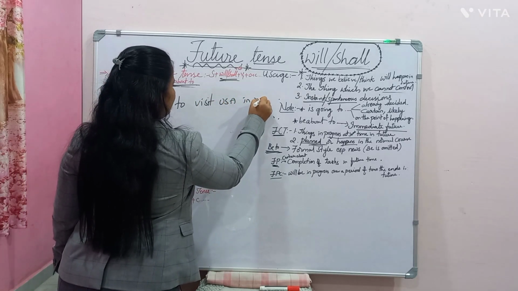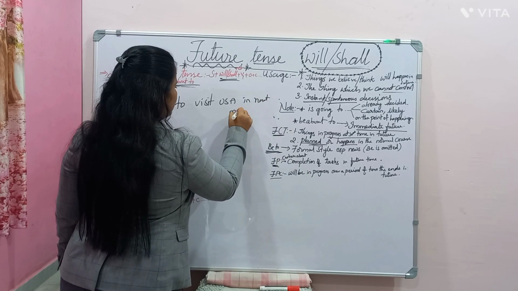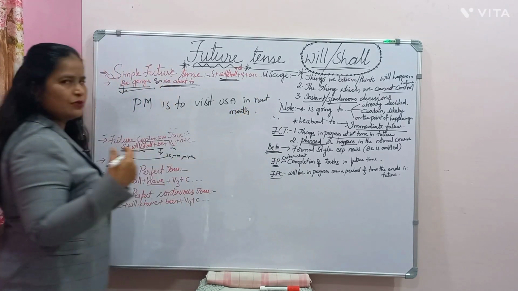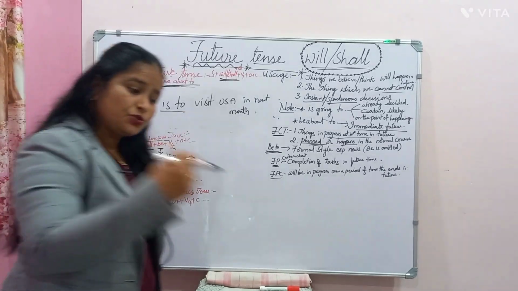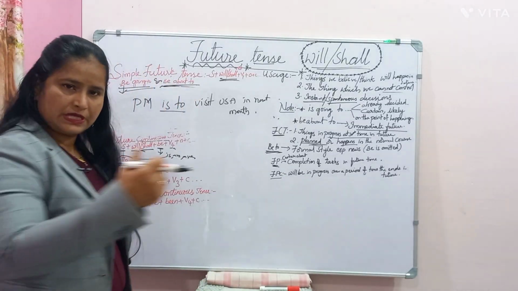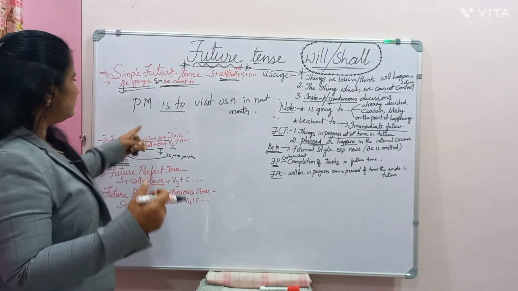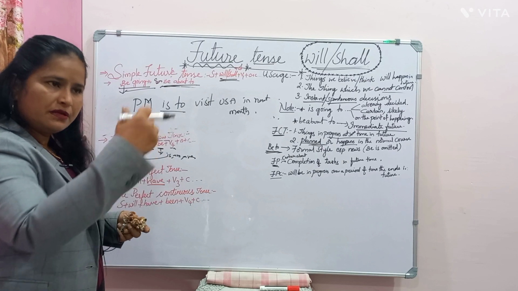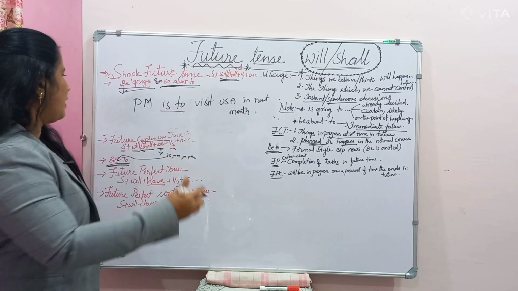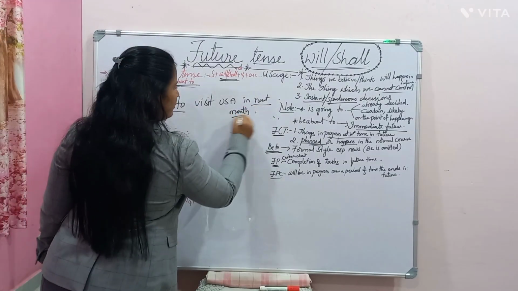Right? So is to visit is also one form of saying future tense. Now this is also is to, which is already pre-planned. So in future it is going to happen. PM is to visit next month. Now it is in the next month it's going to happen.